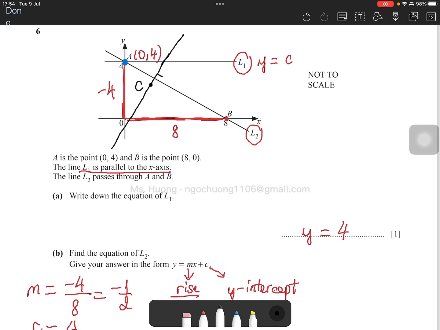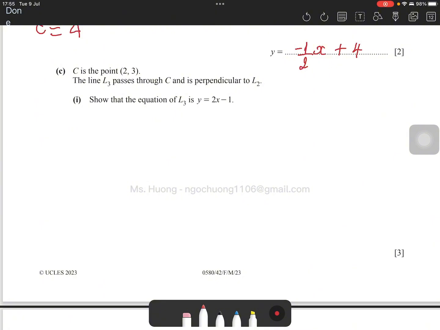So the line is L3 here. The line L3 is perpendicular to L2. This one is to find the gradient m. And the line L3 passes through the point C, 2, 3. This one is to find the y-intercept c.